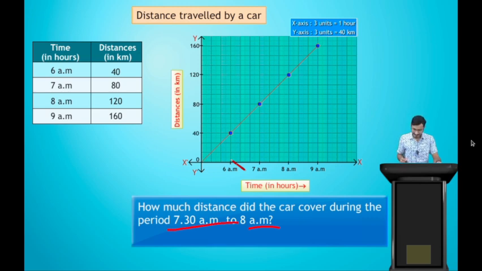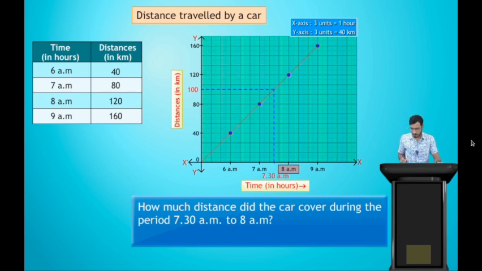You can see here 7 and 8, so 7:30 to 8 a.m. At 7:30 the distance is 100 kilometer and at 8 a.m. it is 120 kilometer.